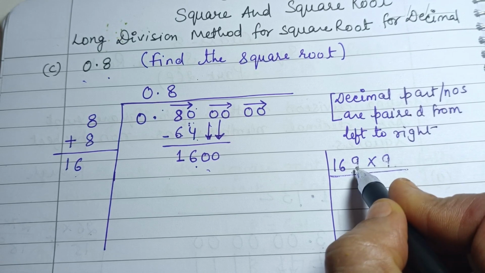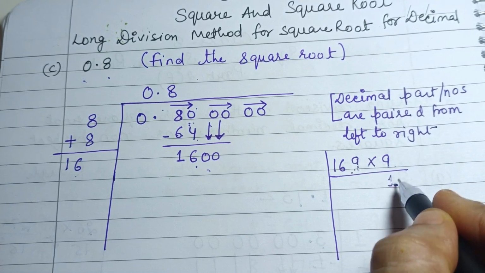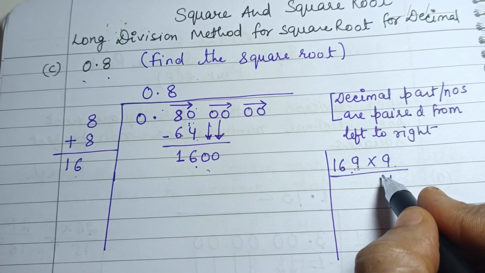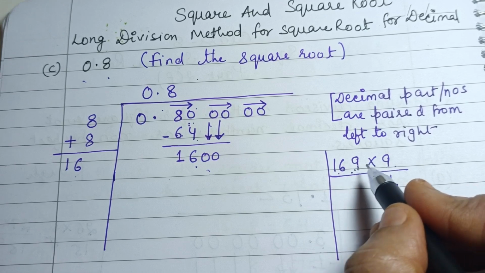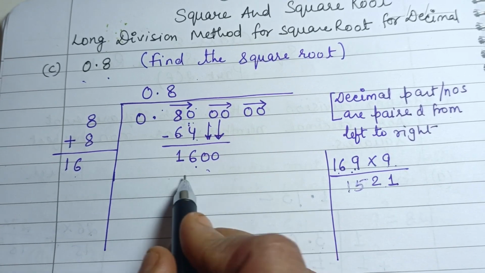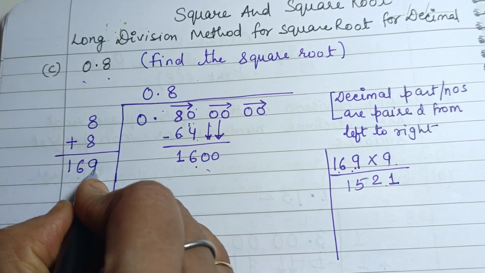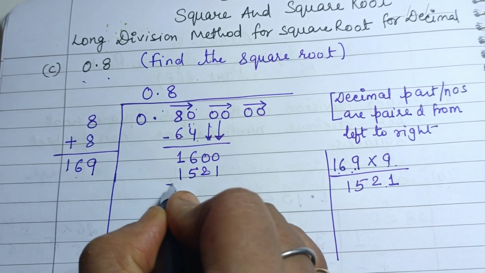Let us try. 9 9s are 81, 8 left. 9 6s are 54 plus 8, 62. 6 left. 9 1s are 9 plus 6, 15. This is coming nearby. So here it will come 9, and here you will write 1521.